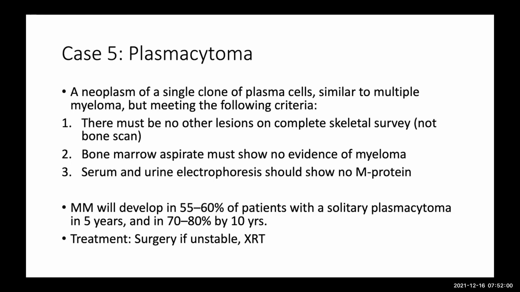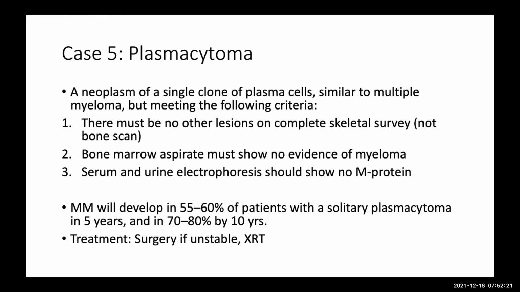So he had a completely normal bone marrow aspirate, and his serum and urine electrophoresis were also normal and did not show that M spike of protein, which is a sign that patients have when they have multiple myeloma, of course. So how do you distinguish these two things?